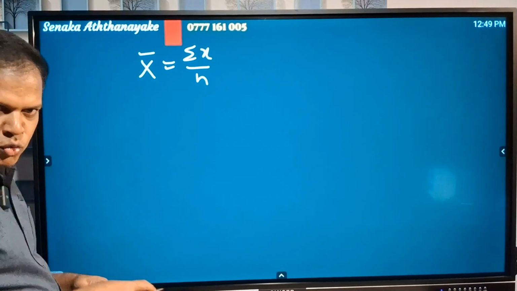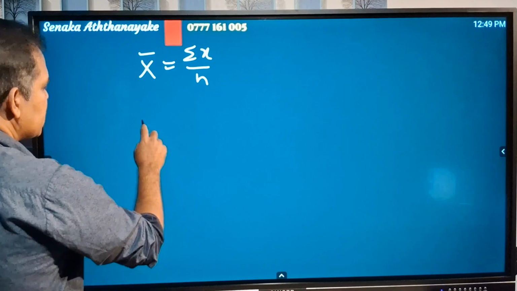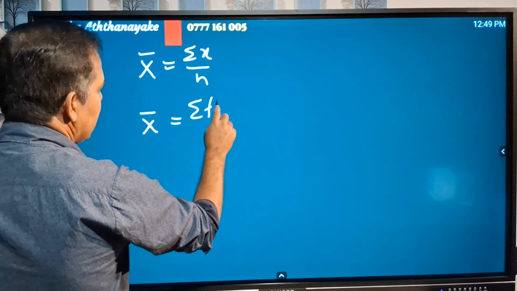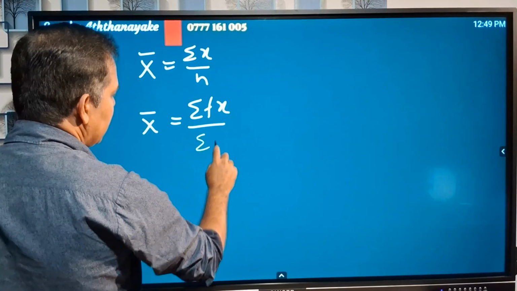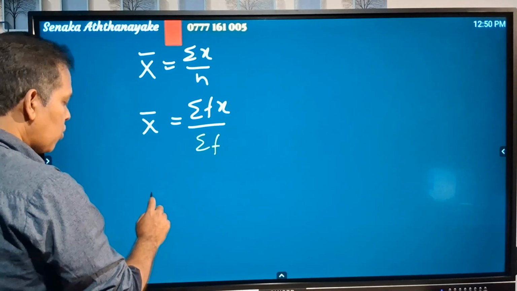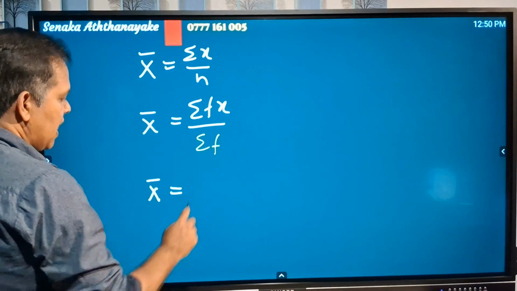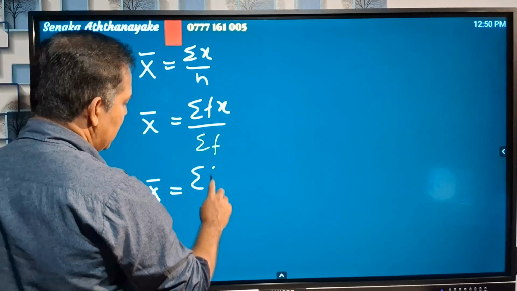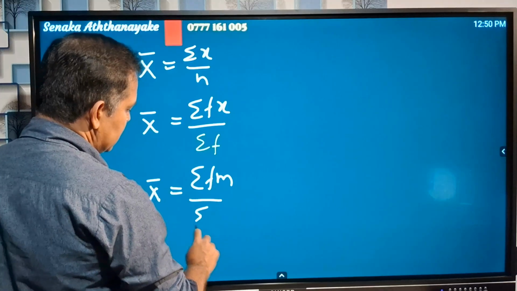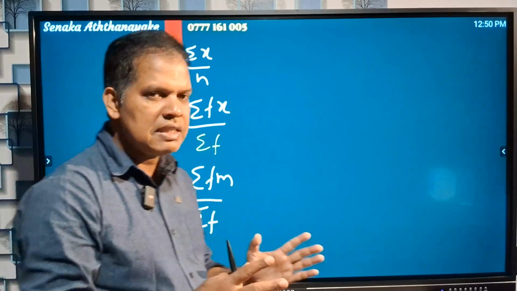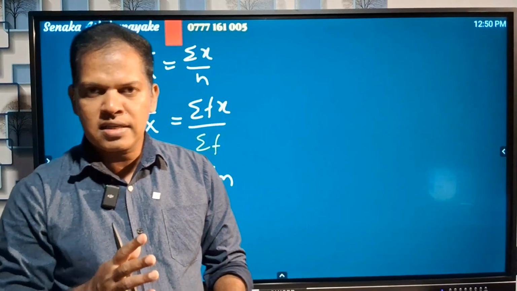After that we used the ungrouped frequency distribution, where x bar is sigma fx divided by sigma f. Finally we discussed the grouped frequency distribution, where x bar can be written as sigma fm divided by sigma f. Now I think you know how to clearly calculate this kind of mean.